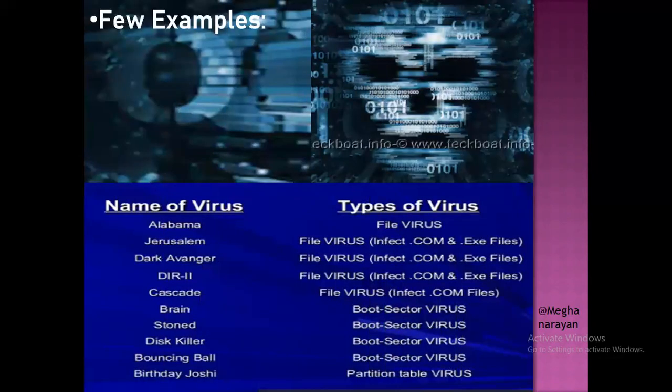Moving up now, in this slide, you can see various examples of viruses. There are many viruses you can see on the screen. At some point of time, they were quite popular, such as Alabama, DIR second, Cascade, Brain, Stone. There are many.